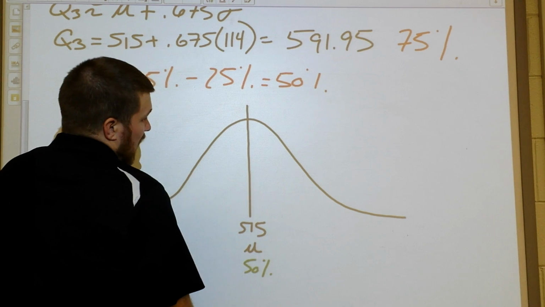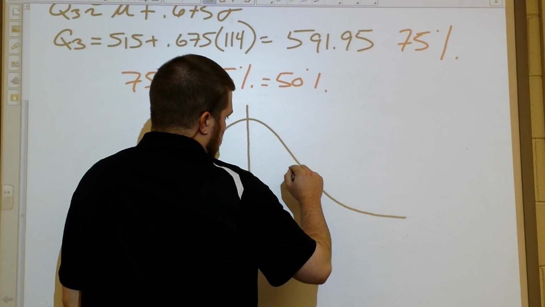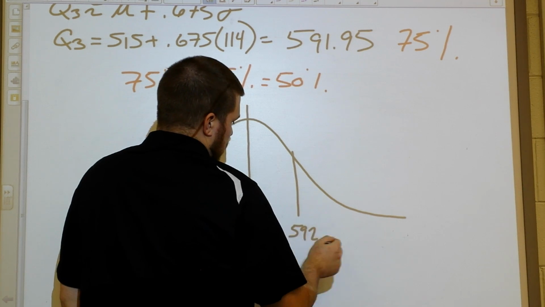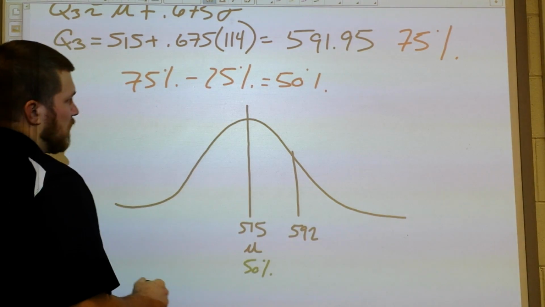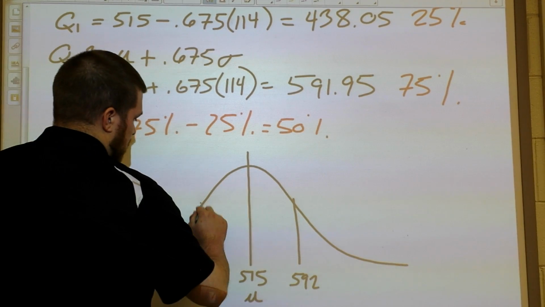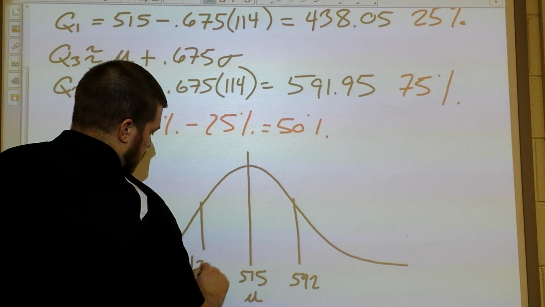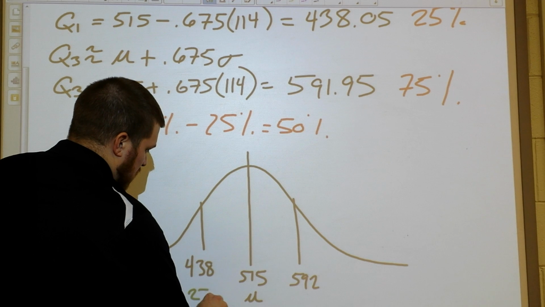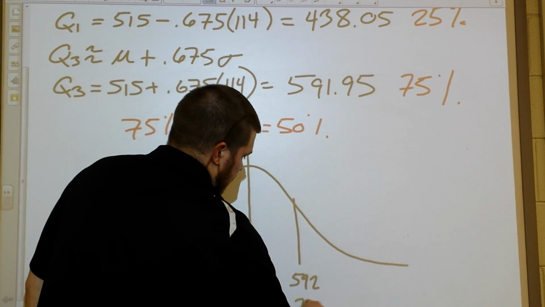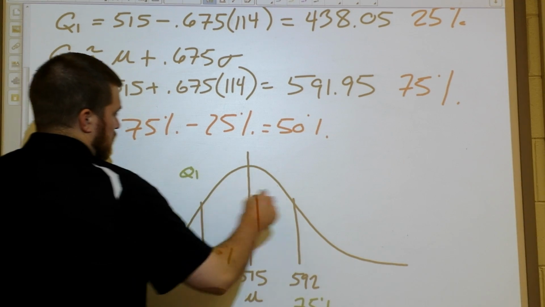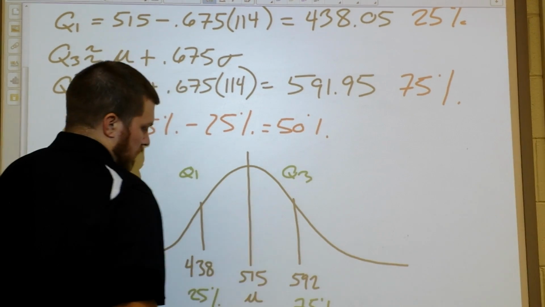At 75% was approximately 592, and then 25% was approximately 438. So this was 25%, this was 75%. Again, this was Q1, Q3.